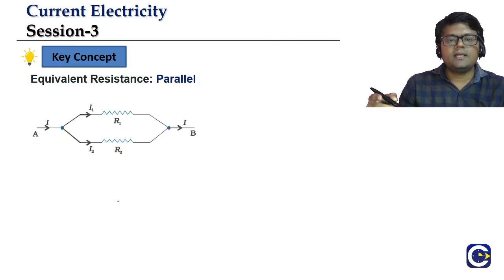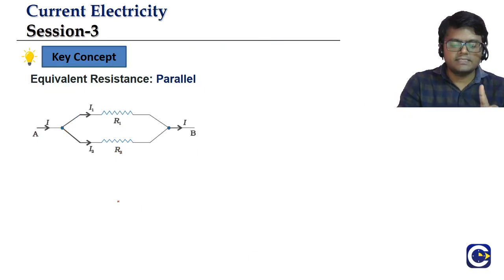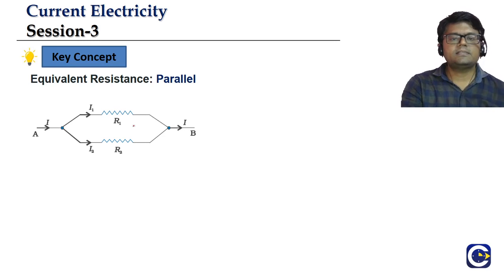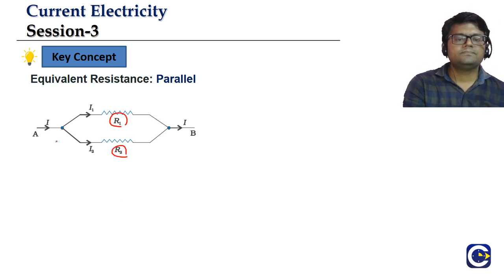Now let us go to the parallel combination of resistors and how we find the equivalent resistance in the case of parallel combination. As we can see here, resistor 1 and resistor 2 are parallel.